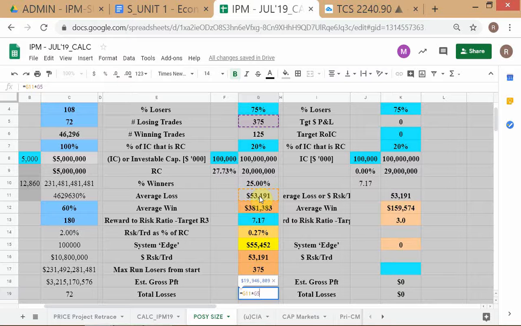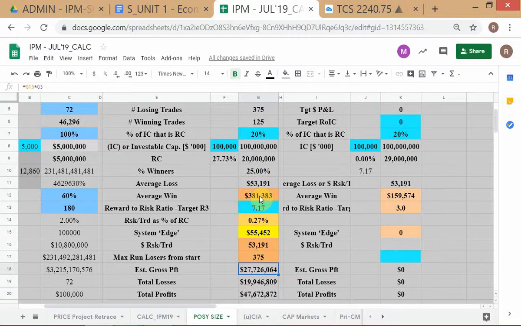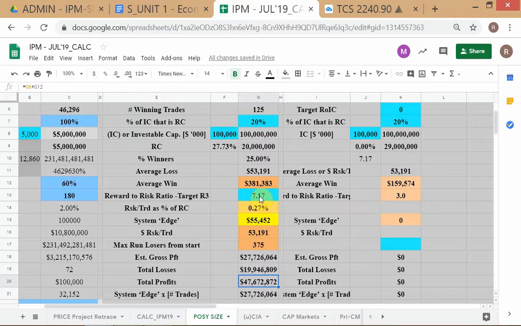Now, if this is total losses, then total profits is equal to number of winning trades into average win. And your estimated gross profit, the gross profit I'm using in the sense of the way we use it on the P&L, is equal to total profits minus total losses. This is just like sales revenue minus cost of sales.